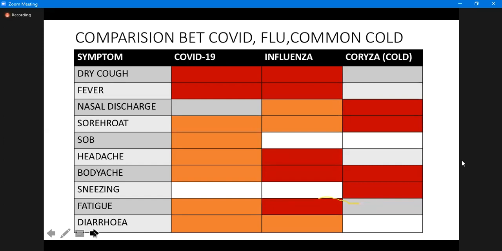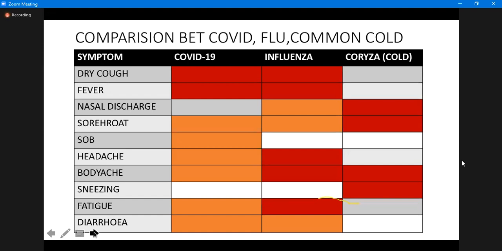But you can see sore throat, breathlessness, headache, body aches, fatigue, and diarrhea, reported in different cohorts at different percentages. So all those could be features of even mild COVID. In comparison to influenza, actually both are the same, not very different, but you can see a lot of headaches, body aches, and fatigue in influenza, which are slightly less common in COVID.